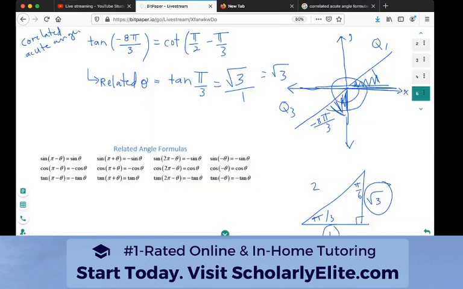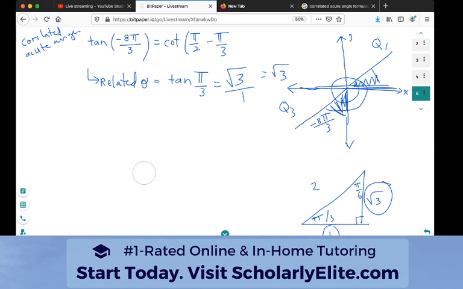So basically if you are in Q2 or Q1, you can just do pi by 2 minus alpha. So it's obviously going to be the inverse, which is why we have the cotangent. And we're going to make this into cotangent of pi by 6, which again is pi by 3.